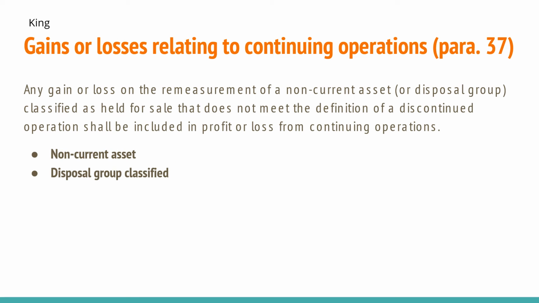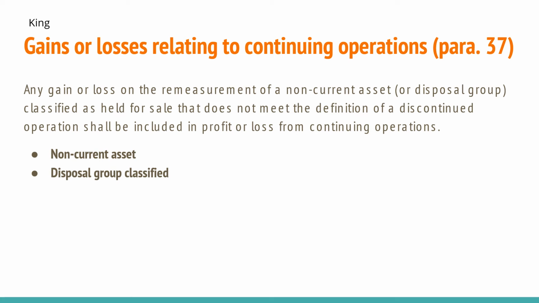Paragraph 37 deals with gain or loss relating to continuing operations, where a non-current asset ceases to qualify as held for sale. IFRS 5 paragraph 28 requires any resulting measurement adjustment to be presented in the same caption in the statement of comprehensive income used to present a gain or loss, if any, recognized in accordance with paragraph 37.